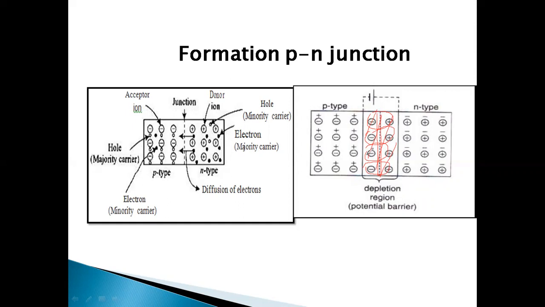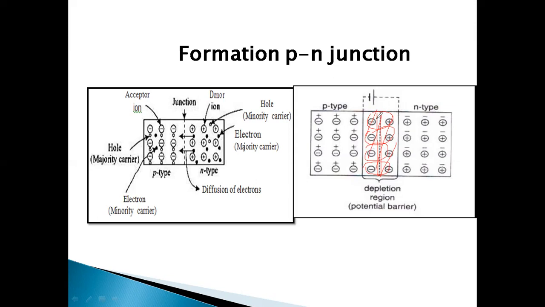Where the charges can influence each other, one positive and one negative coming closer, the attractive force neutralizes these opposite charges. So that region we can call a depletion layer or potential barrier. This barrier will oppose the remaining charges. What are the remaining charges on the P side and N side?